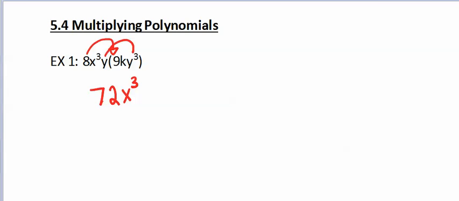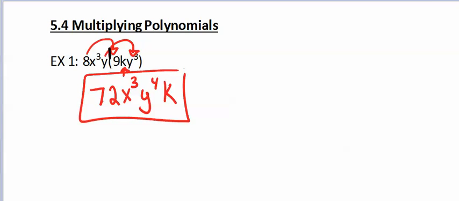The y can be multiplied to the other y cubed. And remember, when you multiply with the same base, I add the exponent, so there's an imaginary 1 right there. So it's y to the 4th. And then the last thing left over is this k. So 72x cubed y to the 4th k. So it's just kind of distributing in and adding your exponents.